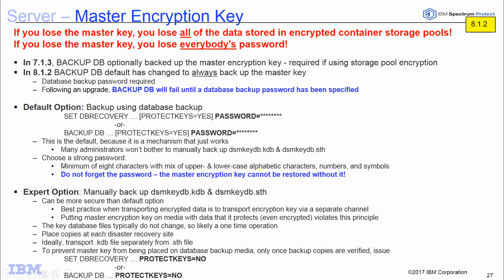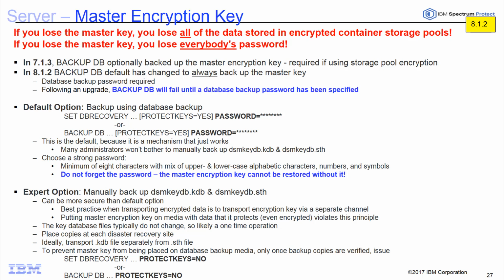So let's look at some more details on slide 27. First and foremost, if you lose the master key, you lose all the data stored in the encrypted container storage pools. Likewise, if you lose the master key, you lose everybody's password. So it is critical that you protect this master key. In 7.1.3, the backup database command optionally backed up the master encryption key, and that was only required if you were using storage pool encryption.